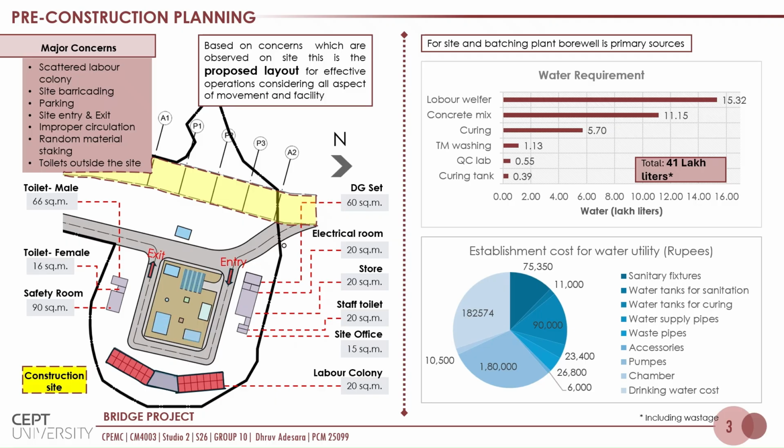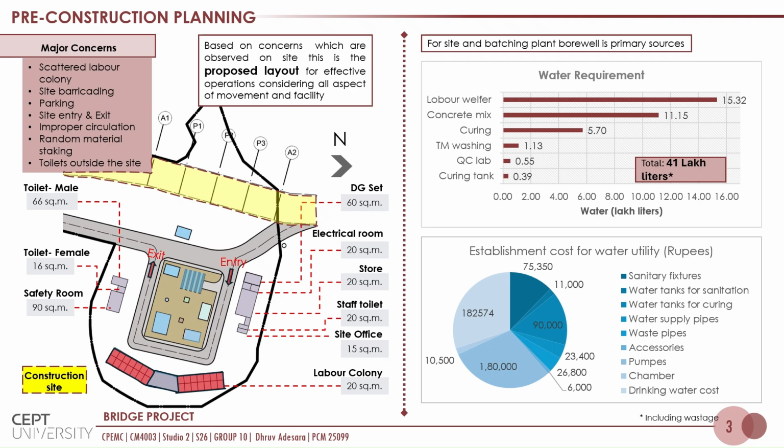Moving on to the water requirement, the primary source of water at site and for the batching plant is borewell. The total water required is determined by calculating water required for labor welfare by providing 55 litres per labor per day at peak demand.